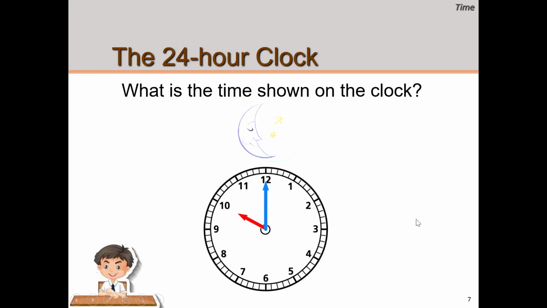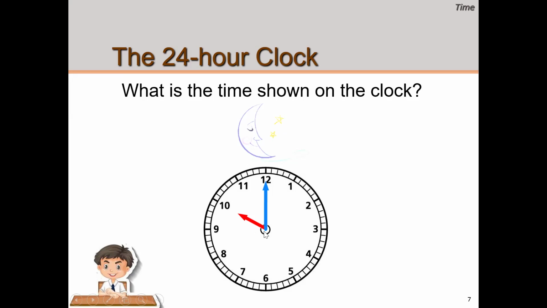Now what is the time shown on the clock? Can anyone tell? This is 10 o'clock. Since this is a 12-hour clock, just look at the figure. Here you can see the stars. That means this time is in the night.